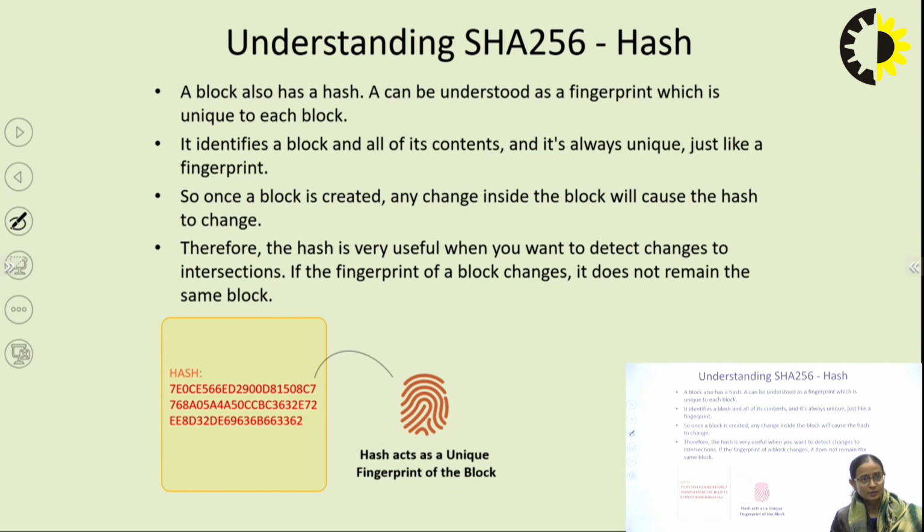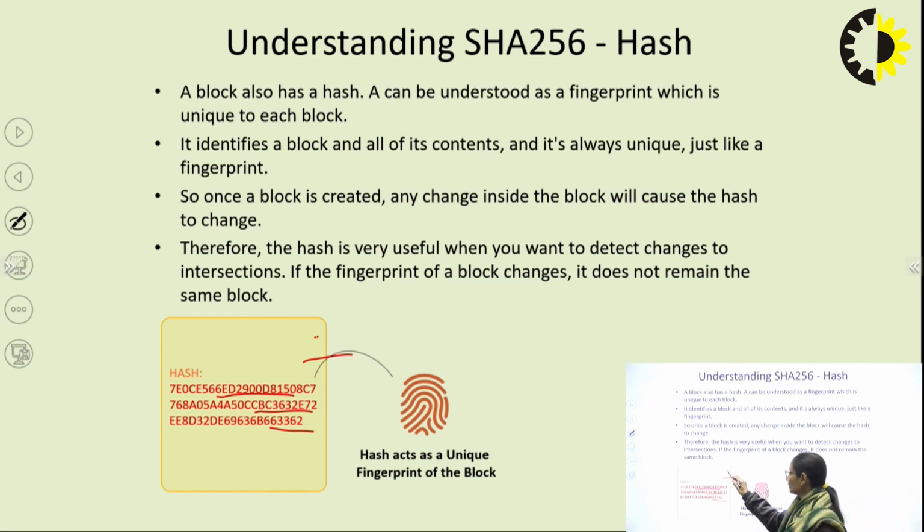Once a block is created, any change inside the block will cause the hash to change. That is, this particular block has this hash value, and for instance SHA-256 generates a hash value of 256 bits. This is how immutability is achieved in blockchain.